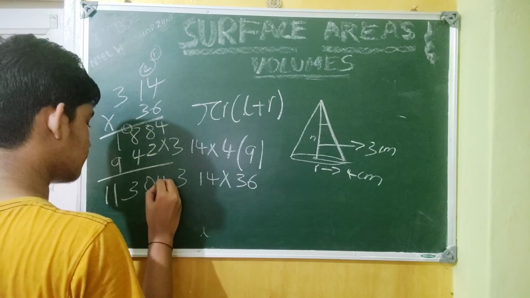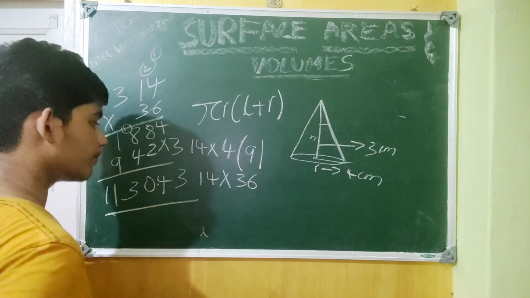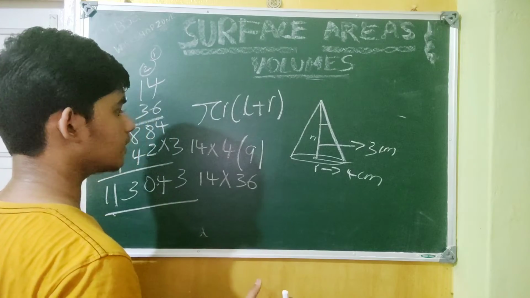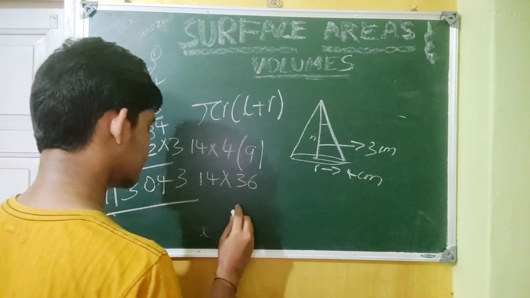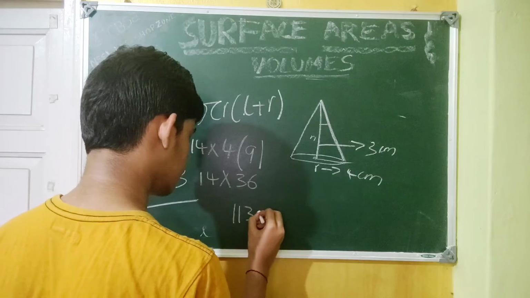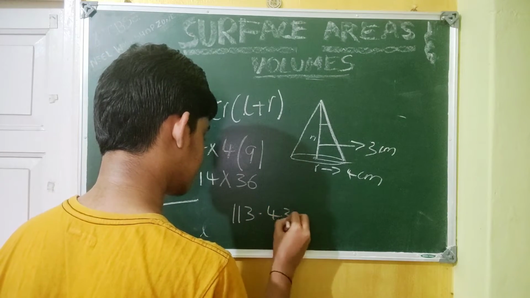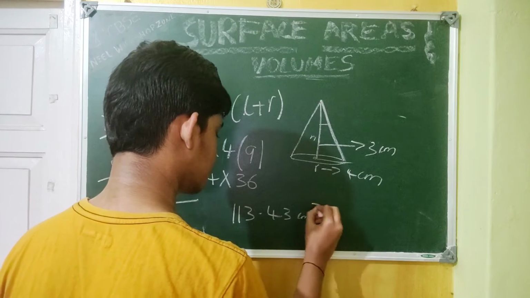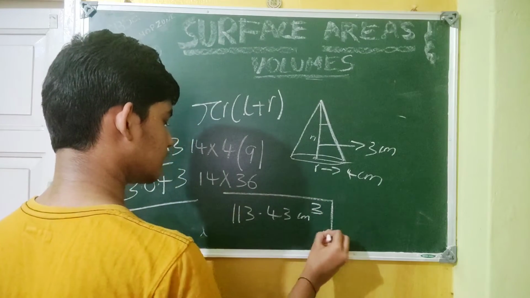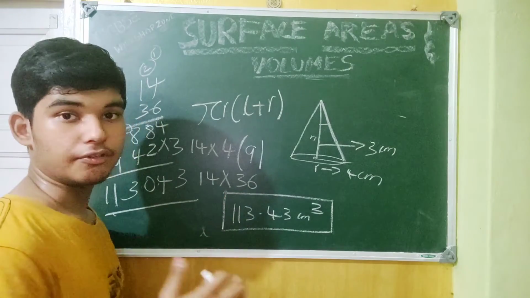Since it's after 2 decimal places, we'll keep it to 2 decimal places. So the surface area of a cone is 113.04 centimeter square or centimeter cube. So this is the surface area of a cone.